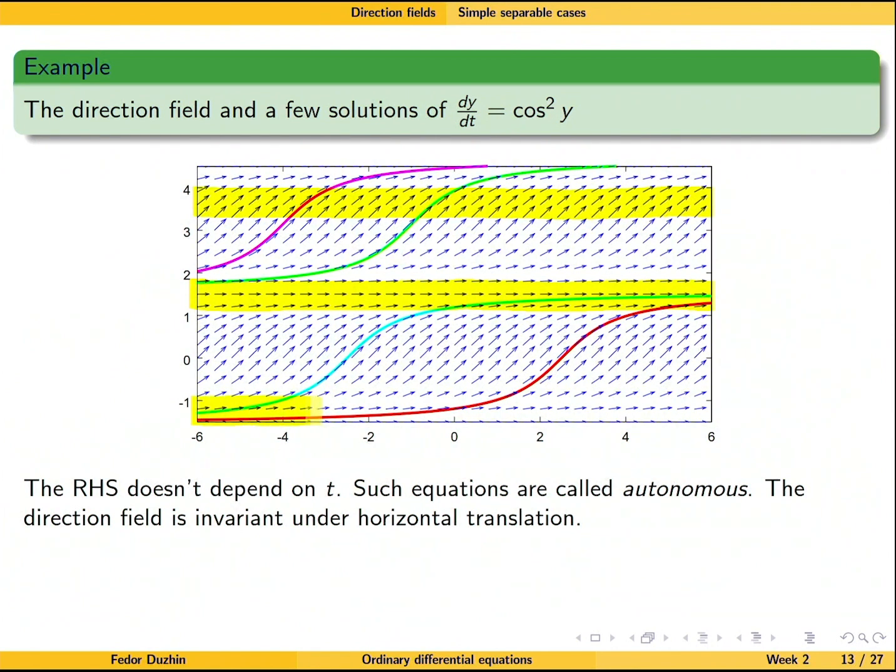At all these arrows, they are all the same. Or you can see it as if there are two copies of it, one on transparency, another on paper, and if you move the one on transparency to the left or to the right, then the direction field is not going to change.